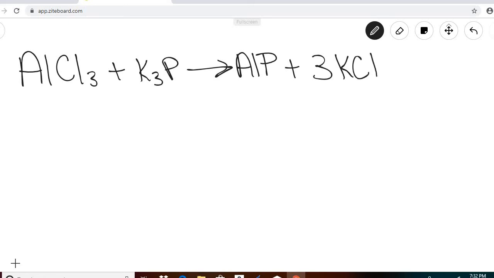Okay, so the aluminum and the chlorine were bound together, and the potassium and the phosphorus. And then on the product side, we have the aluminum and phosphorus and the potassium and the chlorine. So we had a double switch. So that tells us this was a double displacement reaction.